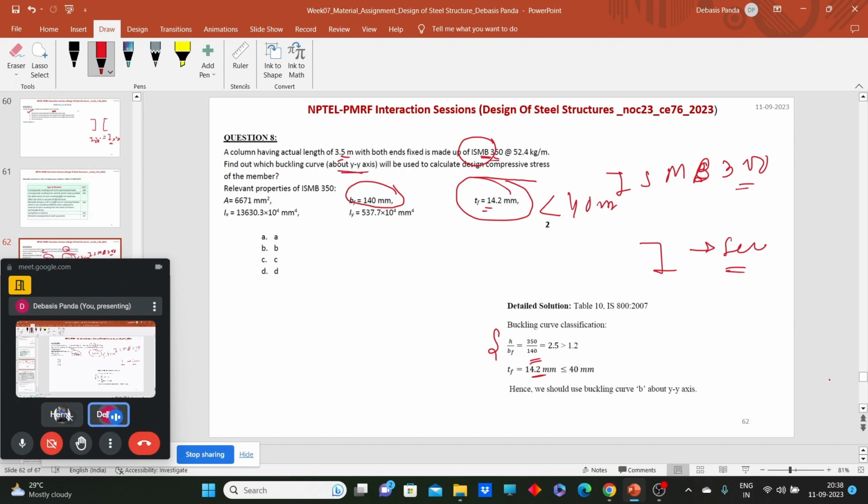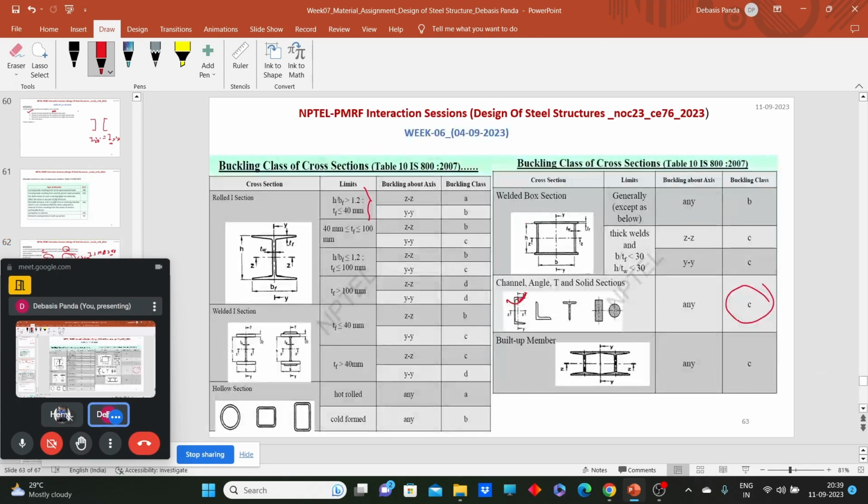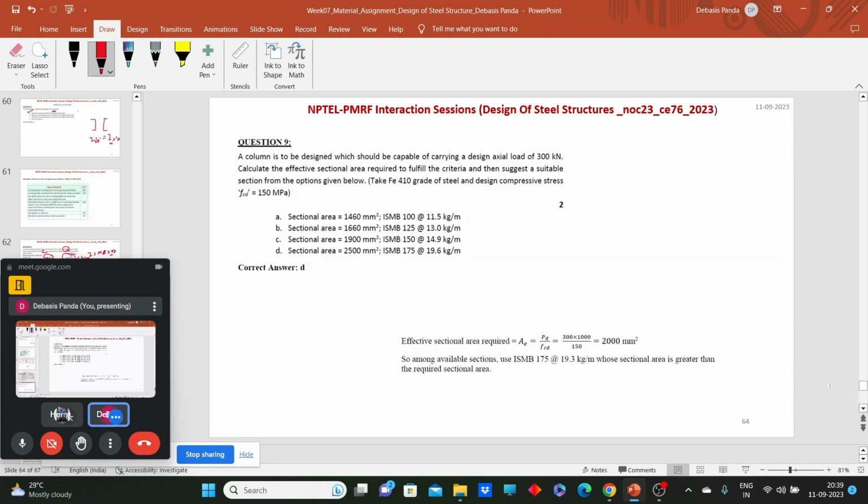So about the YY axis, that comes under buckling class B. For the I section, these conditions are satisfied, so about the YY axis it comes under buckling class B. Now if the question is asked about the ZZ axis, ISMB 350 will come under buckling class A. Now move to the next question.